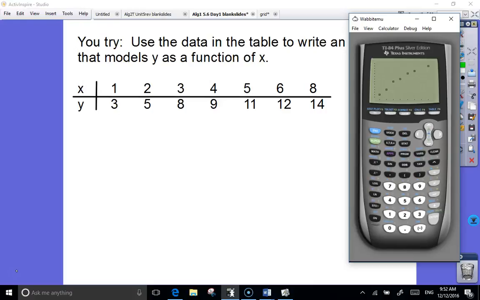Oh yeah, guys. If you have a line on your graph already, it's because you can go to y1. You still have an equation there from the last problem. Zoom 9.